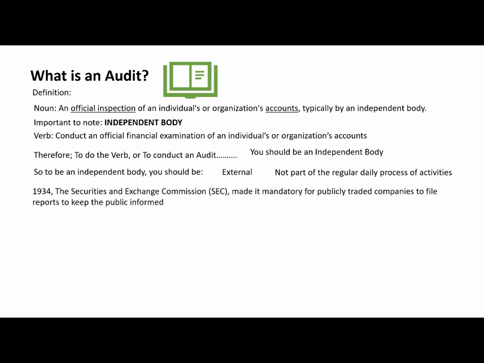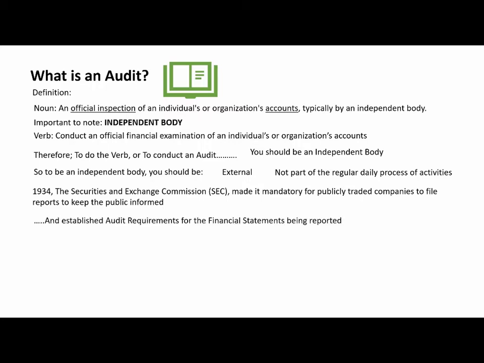So in 1934, the Securities and Exchange Commission realized that the people weren't getting enough information, so they made it mandatory that publicly traded companies needed to file reports to keep the public informed, to keep it fair for everybody that was investing. Of course, if management was doing their own reports and no one was looking at them, they might sway those reports in ways that could mislead the public, or give them opportunities.